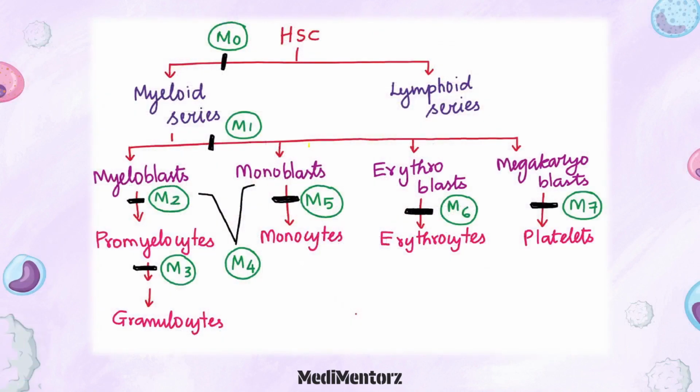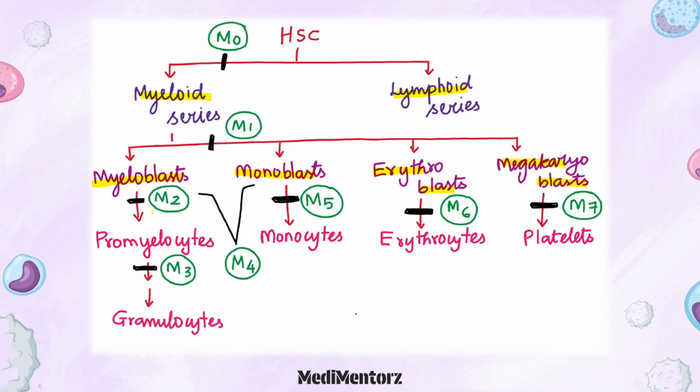We all are familiar with the hematopoiesis flowchart. In that, the hematopoietic stem cells develop into two series: one is the myeloid series and the other is the lymphoid series. Now we will be concentrating only on the myeloid series. In the myeloid series, the hematopoietic stem cells differentiate into four groups: myeloblast, monoblast, erythroblast, and finally the megakaryoblast.